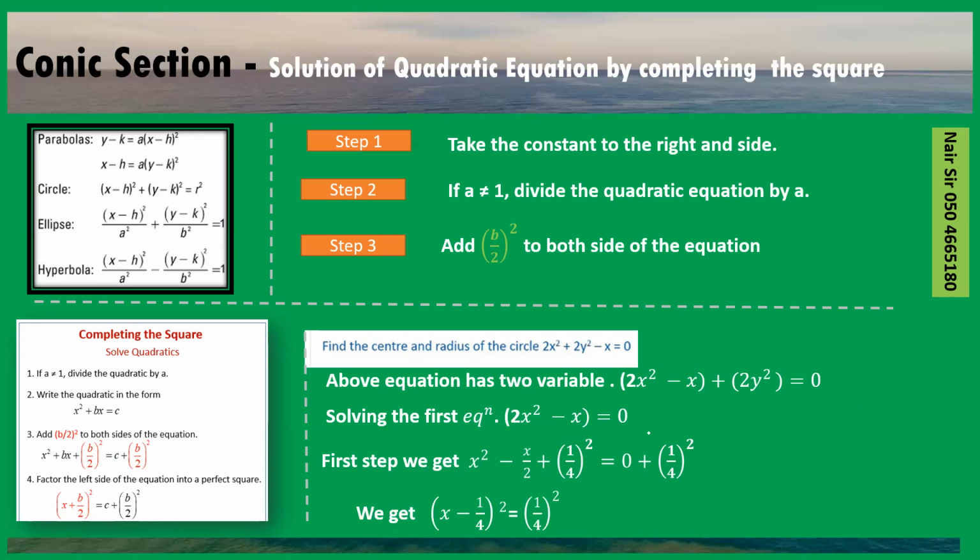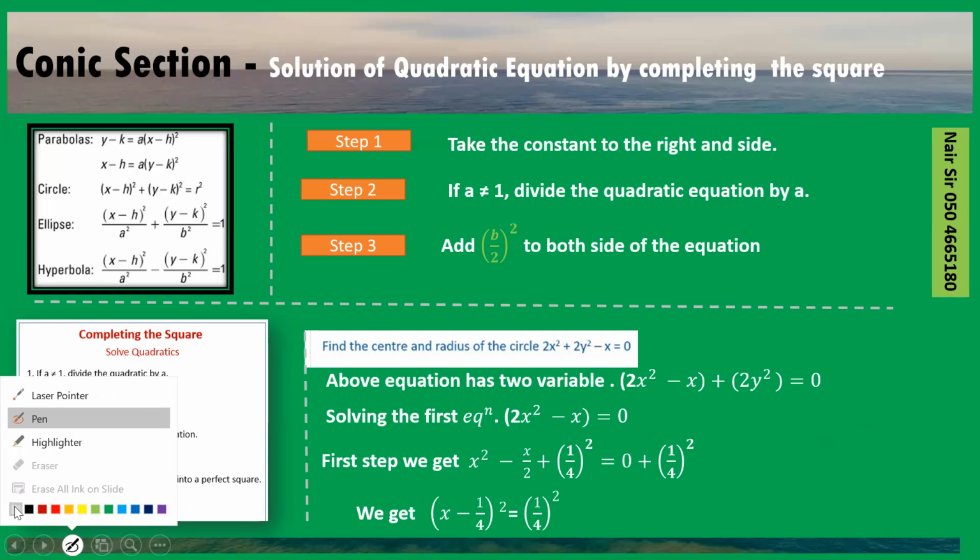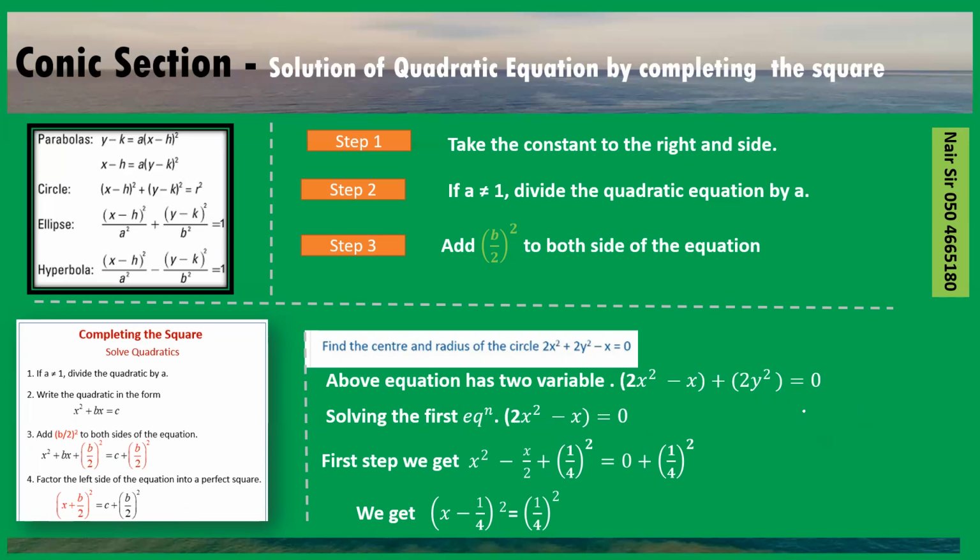Now, similarly, if you notice one more thing, that y square, can I write this y square as y minus 0 the square? Can I write like this? So now what will this equation become for me? It will become x minus 1 upon 4 the whole square plus y minus 0 the whole square is equal to 1 upon 4 the whole square.